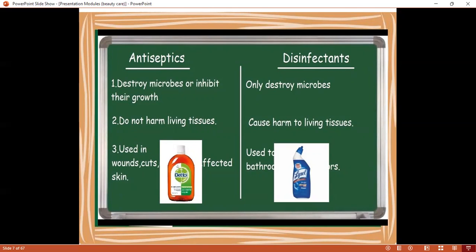Disinfectants cause harm to living tissues. Antiseptics are used on wounds, cuts, and affected skin, while disinfectants are used in bathrooms and others.